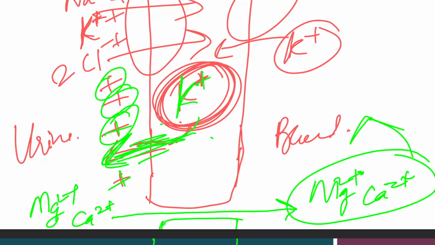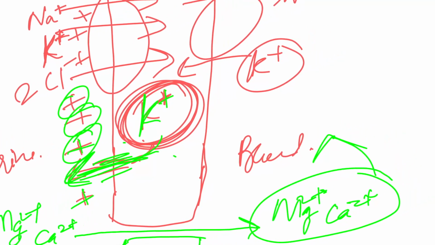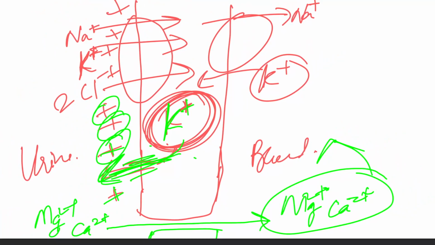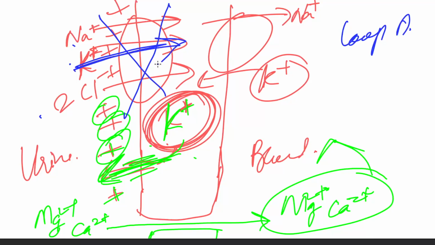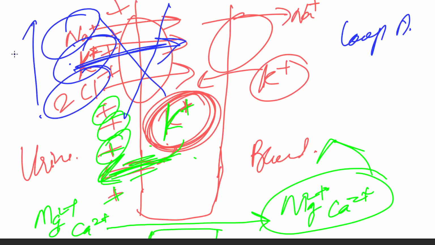So that's all normal. Now let's throw in the loop diuretic. The loop diuretic is going to block this channel, the sodium, chloride, potassium cotransport channel. Once you block this channel, you are not getting the sodium, the potassium, the chloride, so all three are going to go out in urine.